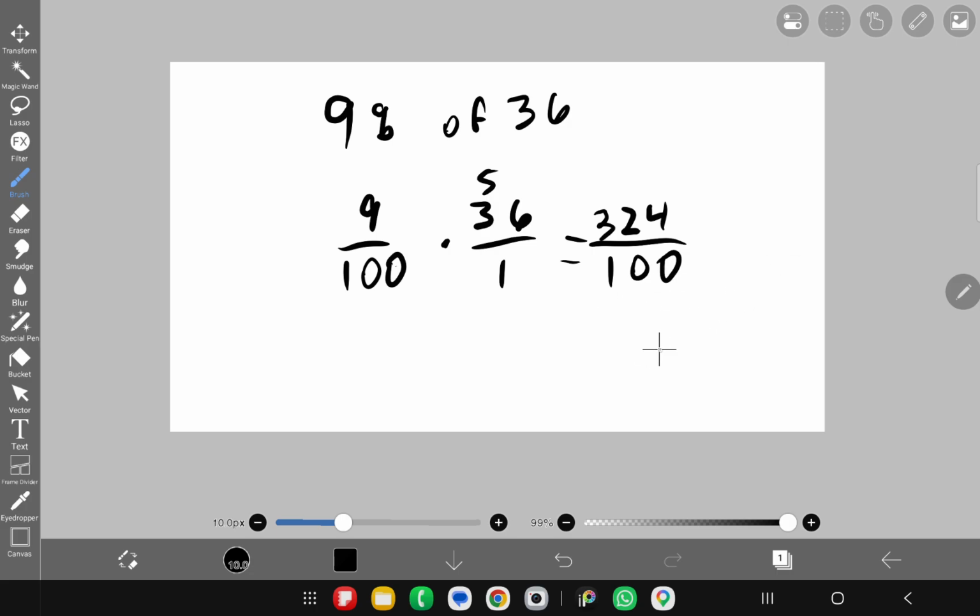When we divide this, we get, well, first we're going to simplify it, which is 3 and 24 over 100. We can simplify it further.